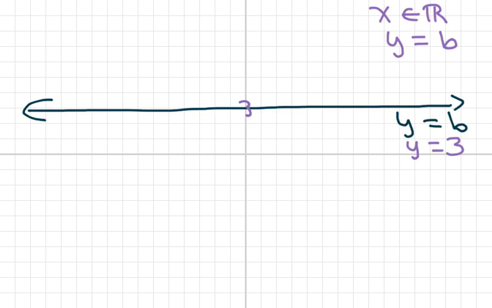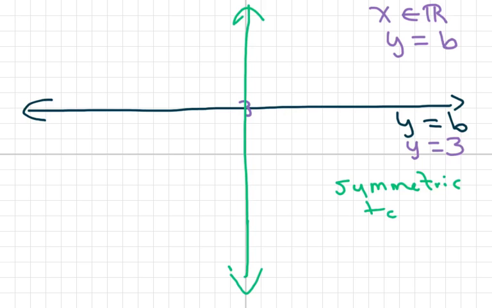The symmetry, it's symmetric to the y-axis, because you can fold it on the y here, and it matches up. So this is an even function, so it's symmetric to the y. So it's an even function.